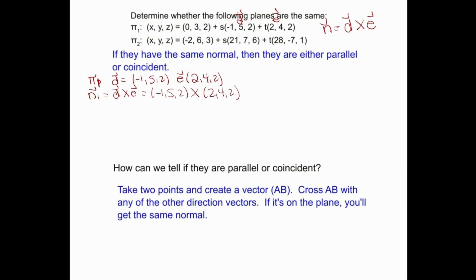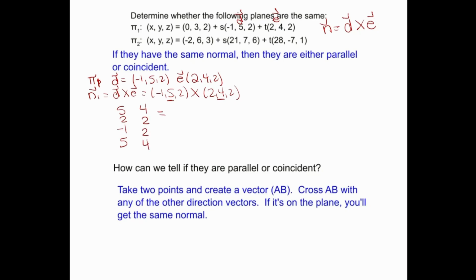Now remember from the last unit, when taking the cross product, I start at my second value, my y value, and I just write them out: 5, 2, -1, back to the 5. Same thing for the other one: 4, 2, 2, 4. Then I can take the cross product.